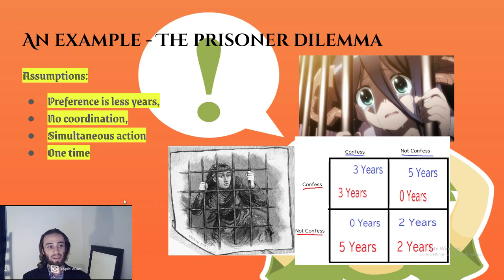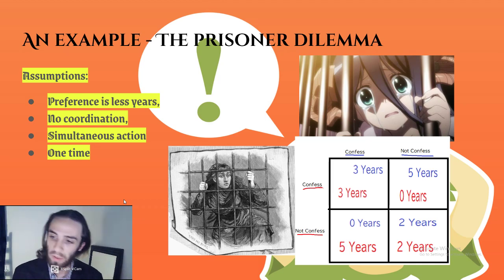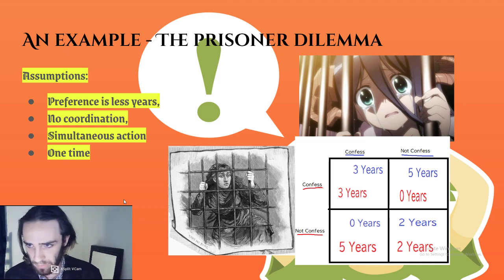If player A is to confess and player B is to not confess, then player A is let off scot-free, 0 years in prison, while player B gets 5. And vice versa.